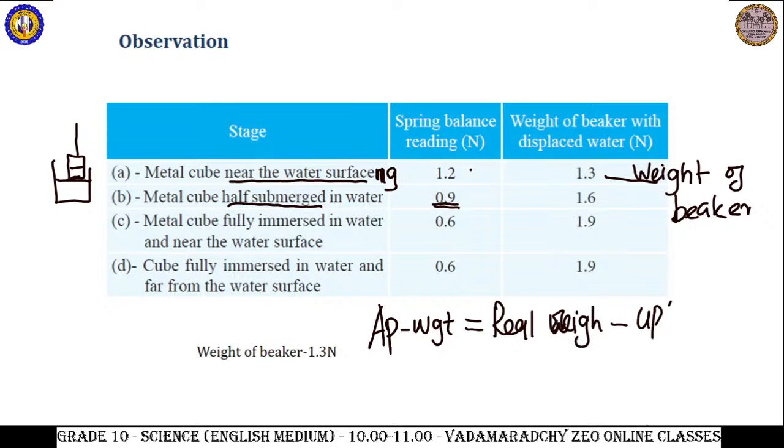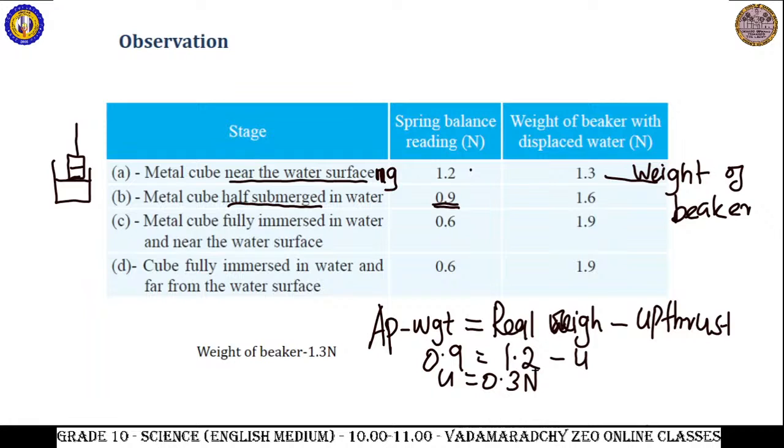Apparent weight is given as 0.9 and the real weight of the object is 1.2, so the upthrust becomes 0.3 Newton.